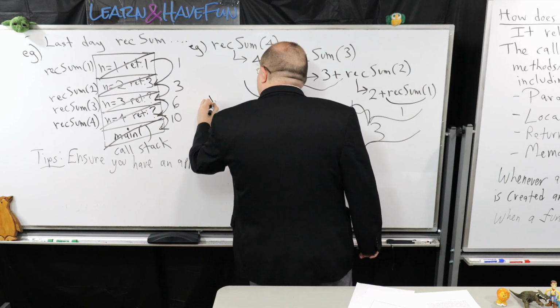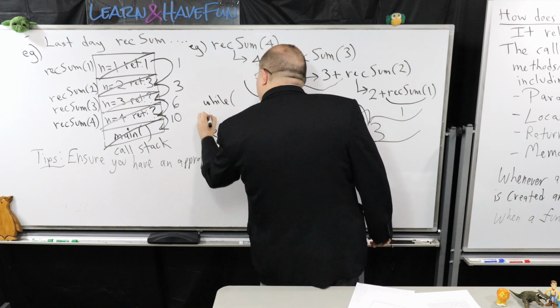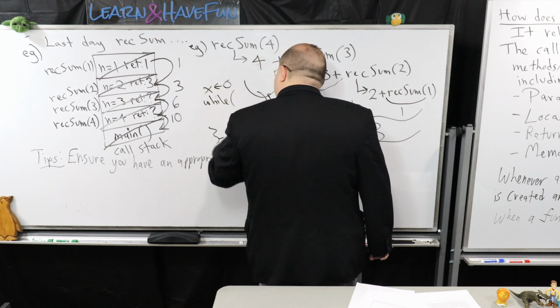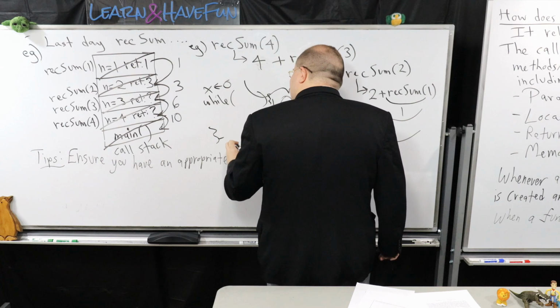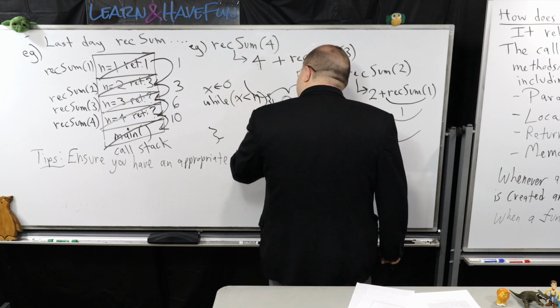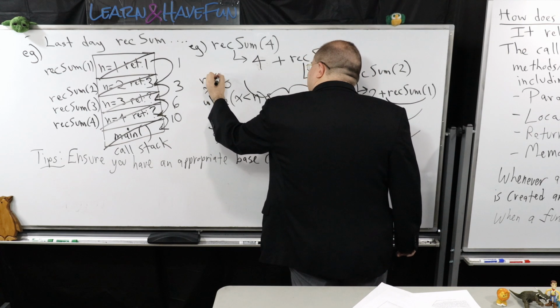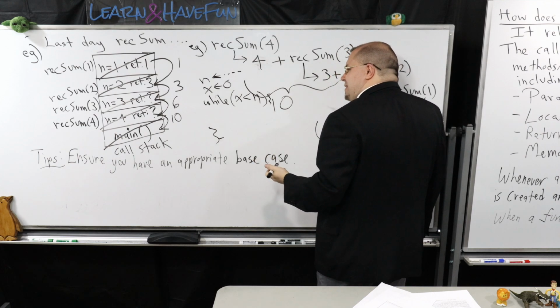So if I have something like a while loop, and say I have a variable called x and I assign it to be 0, and say I require that x is less than n, and say n is just some other input that I get, but it's some positive integer.